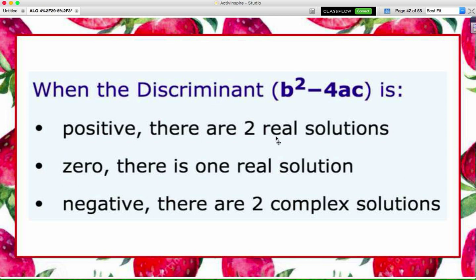You have 2 actual x-intercepts. If that comes out to be 0, then there's only 1 real solution, which means the vertex is on the x-axis and there's only 1 x-intercept. If it was negative, there are 2 complex solutions. That means there are no actual real x-intercepts. In Algebra 2, you talk a lot more about those complex solutions.